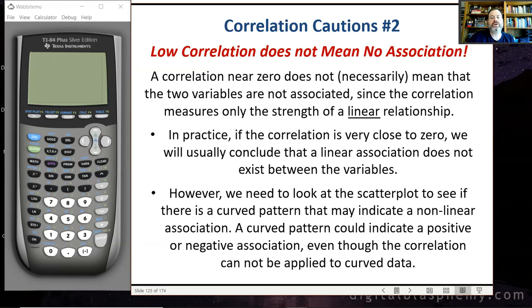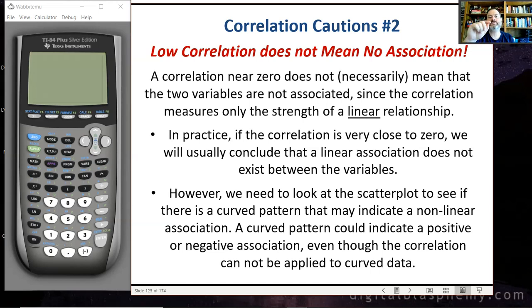In practice, if the correlation is very close to zero, we will usually conclude that the linear association does not exist between the variables. So there's no perfect guideline to go on. Usually, though, something close to zero, think of it like percentage points. It's not the same thing, but as a ballpark, zero would be okay.